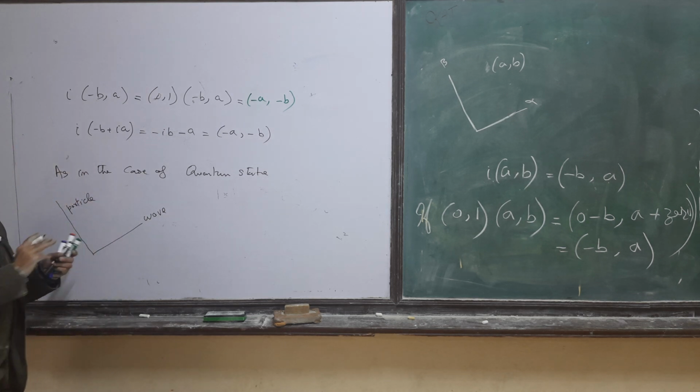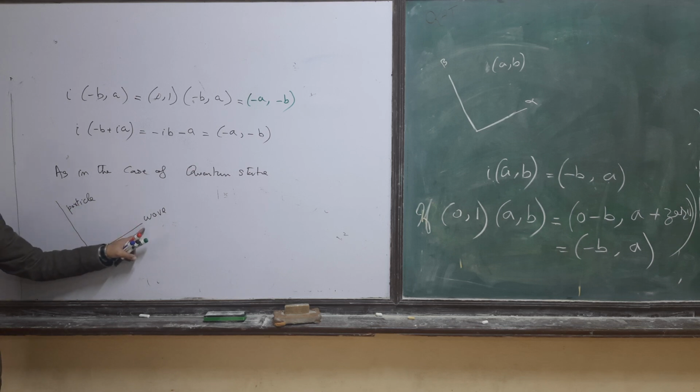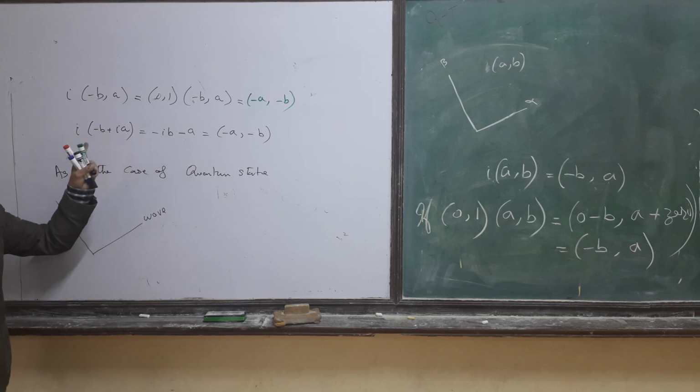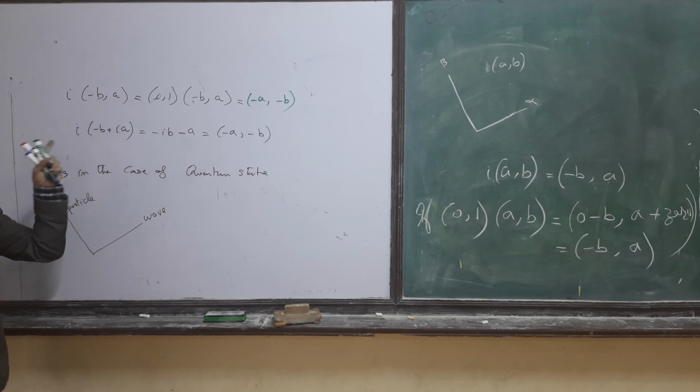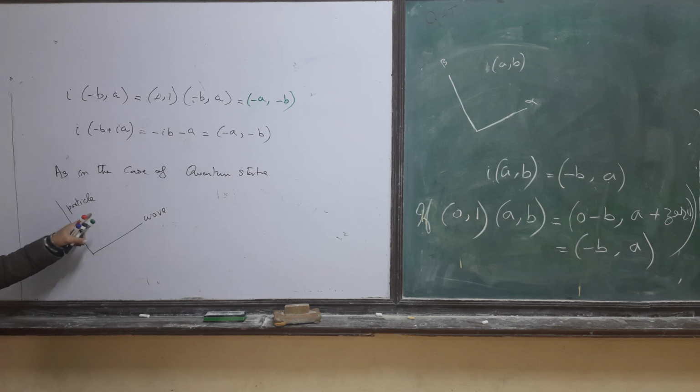We can't distinguish whether the wave is along the x-axis or the y-axis, as I have already explained that it is not important whether it is along the real number or imaginary. They can be replaced with each other. They may be a wave or a particle, meaning the wave nature along the real axis and the particle nature along the imaginary axis, because both are orthogonal, both are independent. According to wave they have no mass, while according to the definition of a particle they have a mass or momentum.